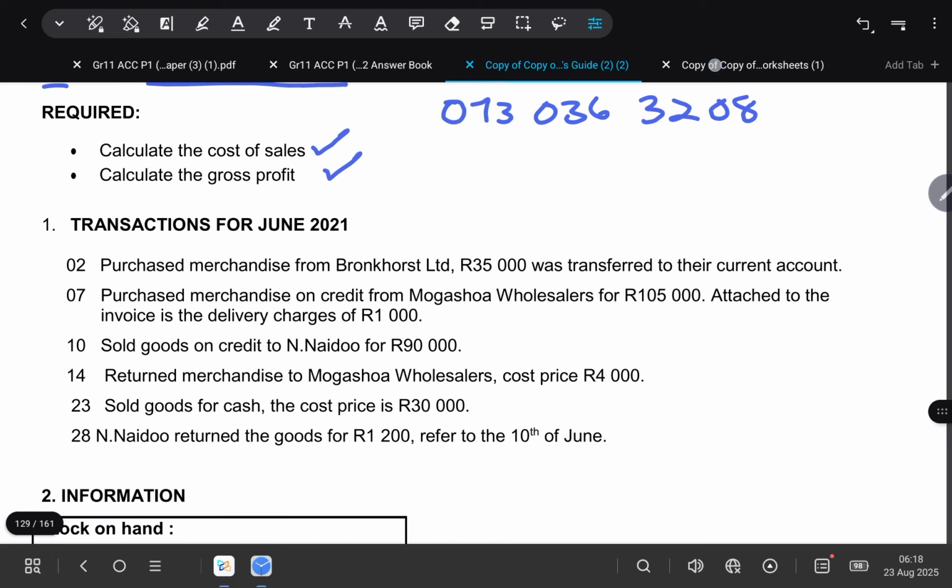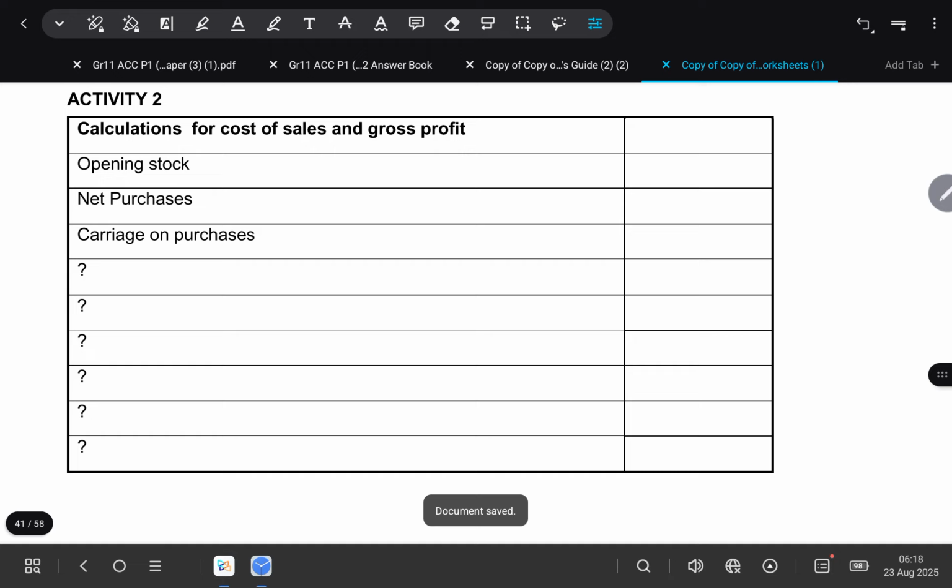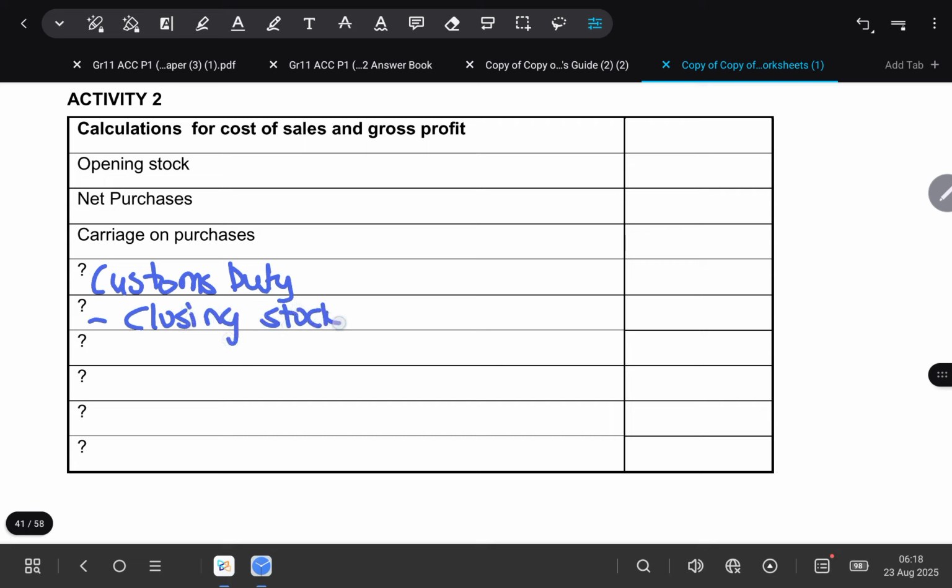The format says that I need to have my opening stock, my net purchases, my carriage on purchases, and my customs duty. Remember, customs duty will apply when I bought overseas. And then I must also subtract my closing stock. So as you write this format, you first start by recording the information that is available to you.